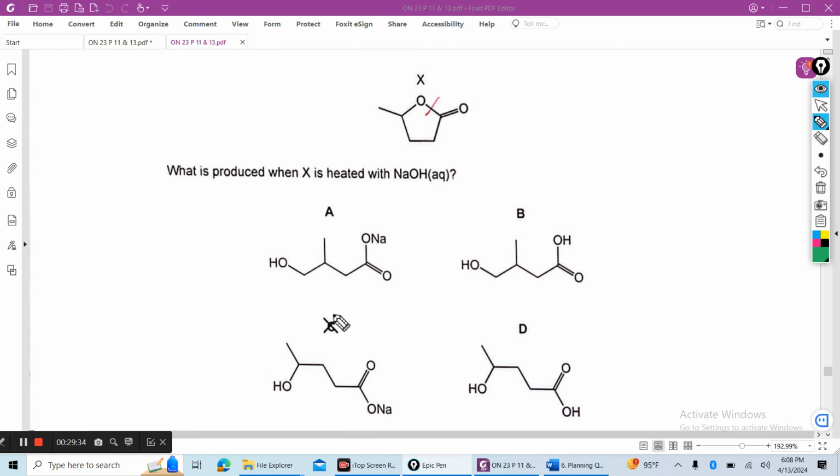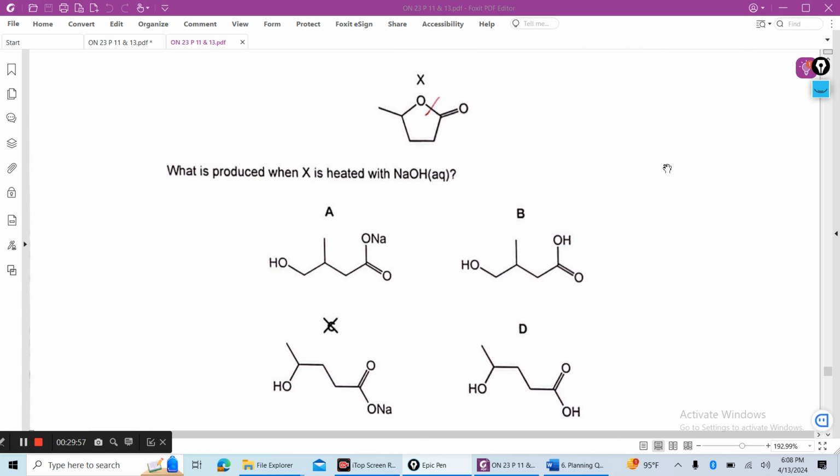So this answer will be C. This breakdown here, oxygen takes the OH bond, alcohol, and this COONa, sodium salt of carboxylic acid. C is the right answer.